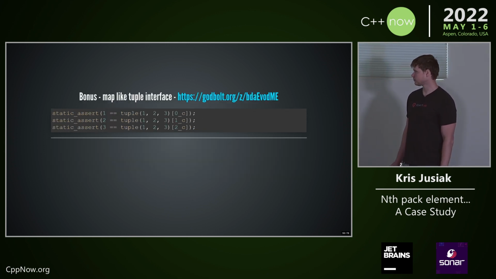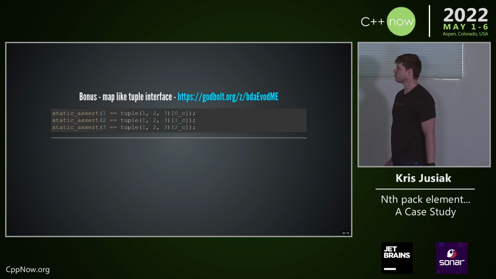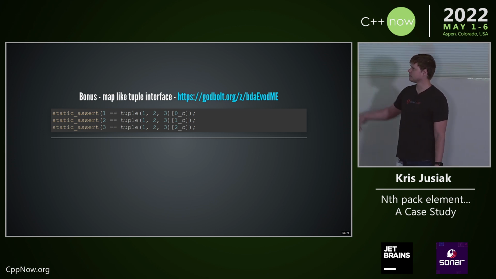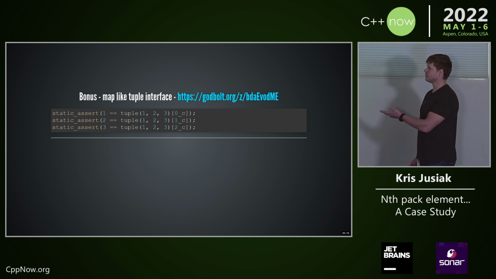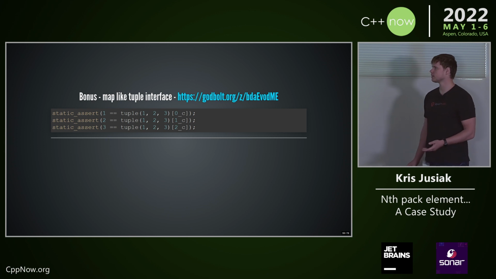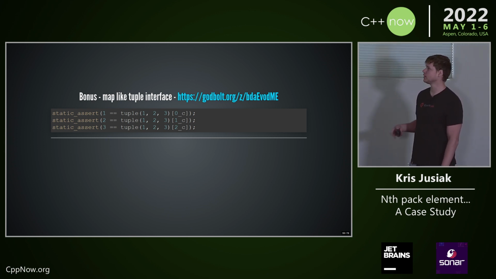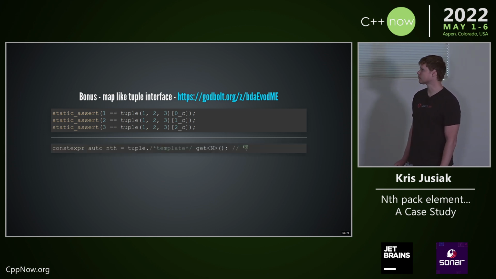I wanted also to point out that the tuple interface is not great. std::get is not ideal in my opinion. Get on the tuple would be nicer, but we have the template. So what if we apply it a bit differently, like with this 0_c, which is like a constant integer kind of value? That allows us to avoid the dot template, and it kind of mimics the behavior of map and other things.